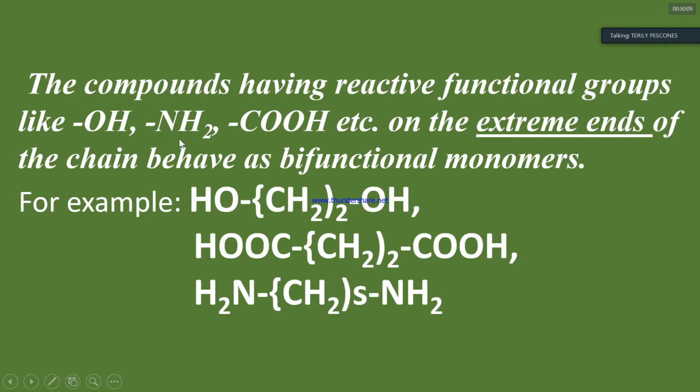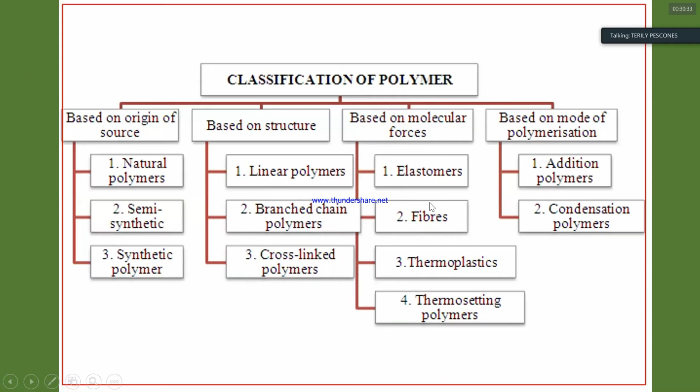And then you have the NH2, the amine, and then the carboxylic acids. So ibig sabihin extreme ends of the chain. So meron sila ng magkabilang dulo, ang tawag sa kanila ay bifunctional monomers. So ito yung mga kailangan dun sa ating formation of large molecules or dun sa polymerization.